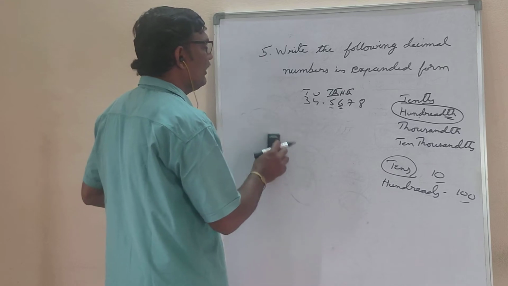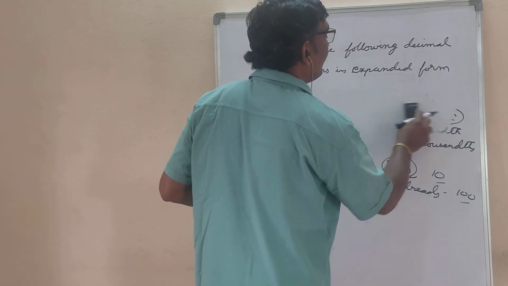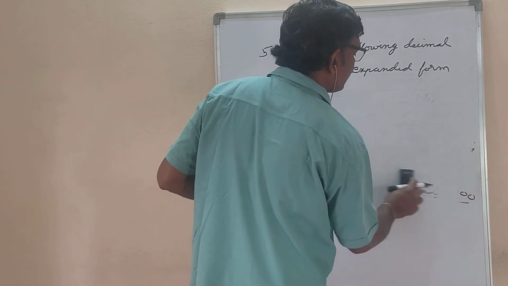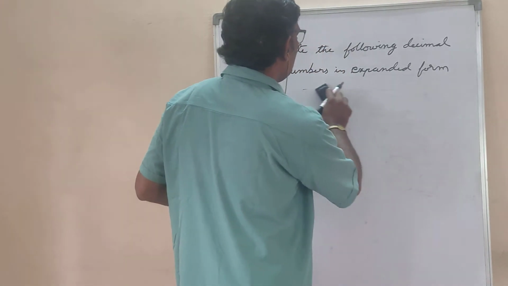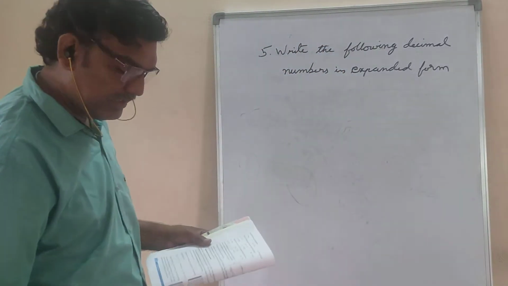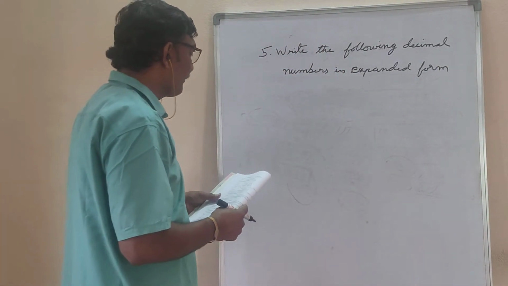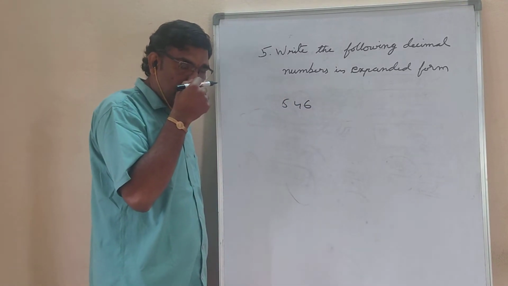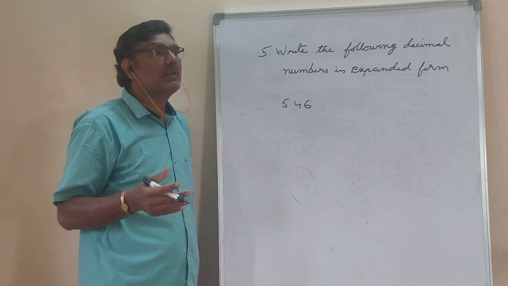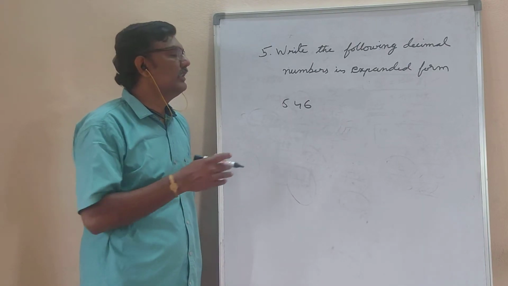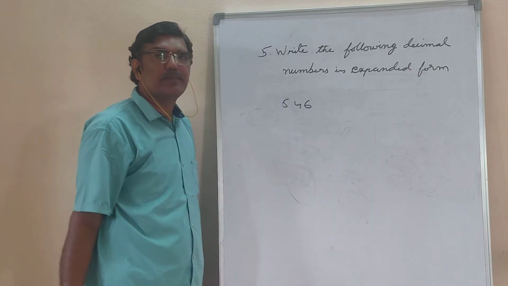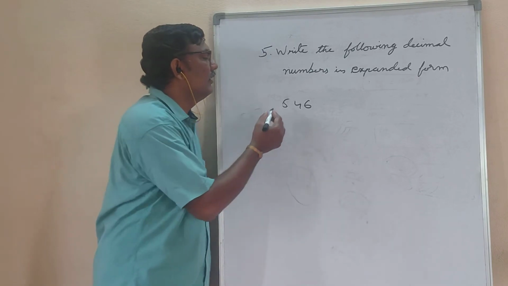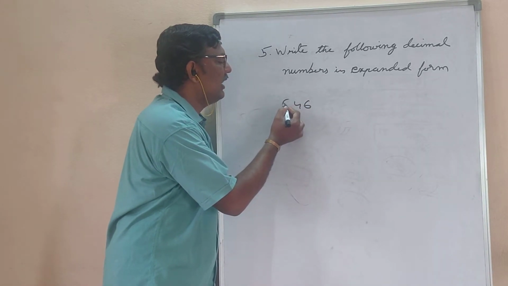He is now asking about expanded form. So now we will go for what is expanded form. 546 is there. You have already done expanded form for non-decimal numbers. It does not have any decimal. How to write this one? Units, tens, hundreds.